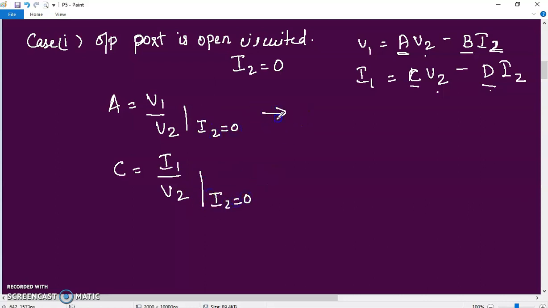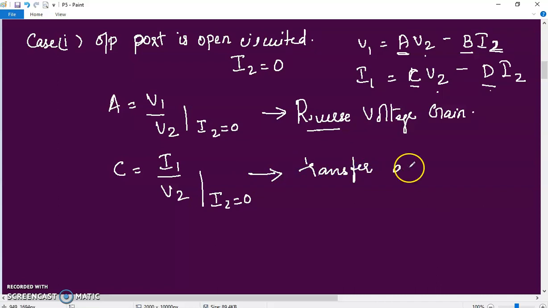And A is called reverse voltage gain. See, voltage gain means output voltage by input voltage, but here we have V1 by V2, so it is reverse voltage gain. Here, C is the transfer admittance.